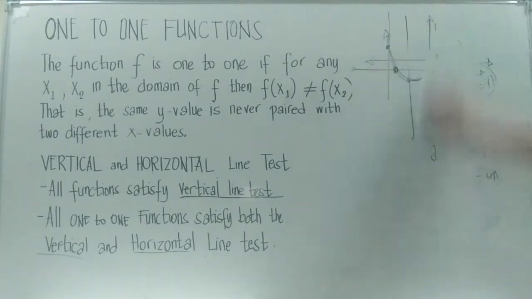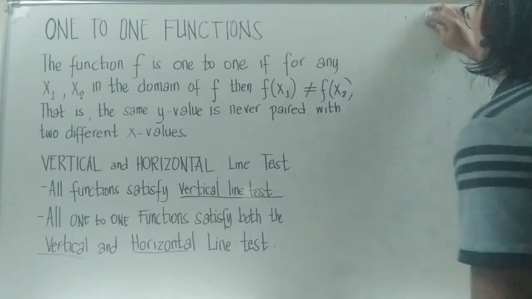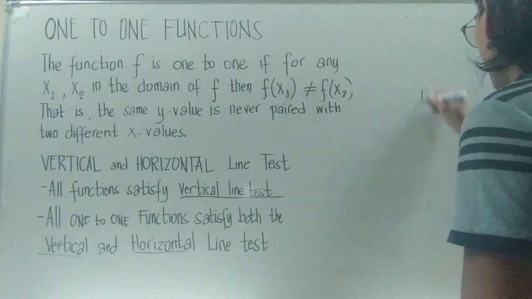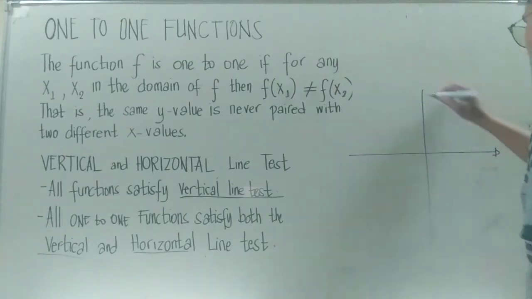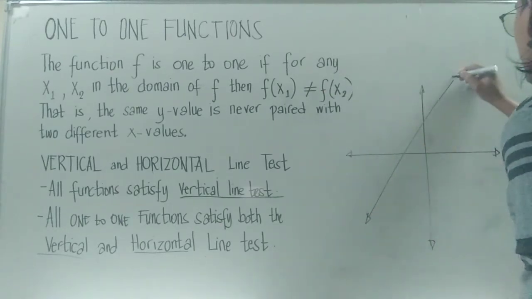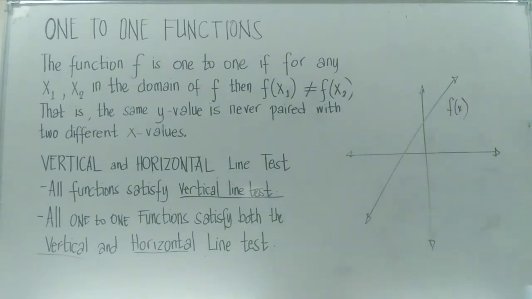Another example of a function. If you have a Cartesian plane like that, then for example the graph of f of x is a line. If we put some vertical lines in here, 1 point, in here, 1 point, in here, 1 point. So this is a function.